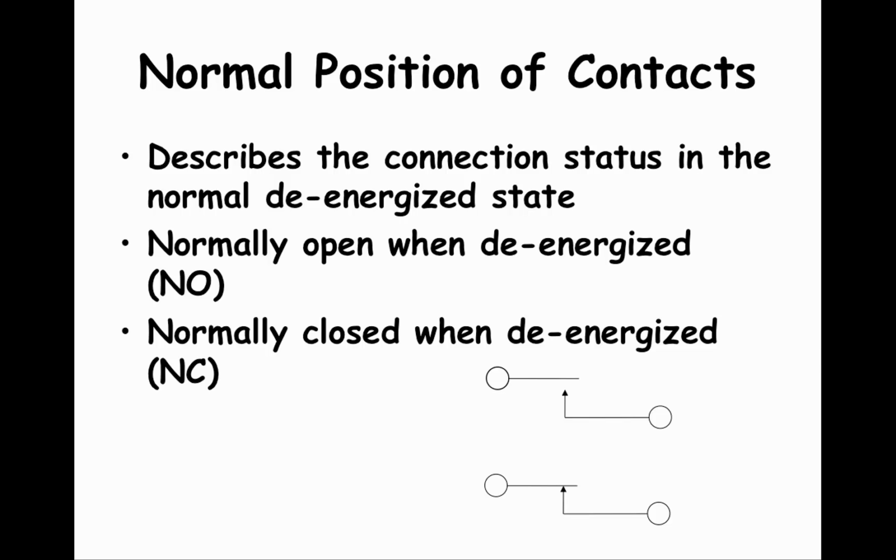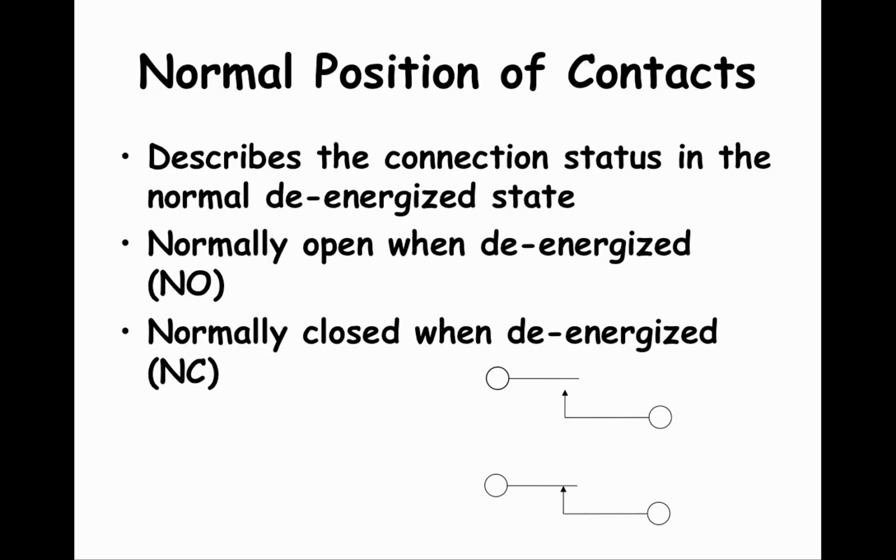Another characteristic of a relay and many other electronic devices is called the normal position. The normal position tells us the relay or a valve position in the de-energized state. The two little sketches illustrate the two options.